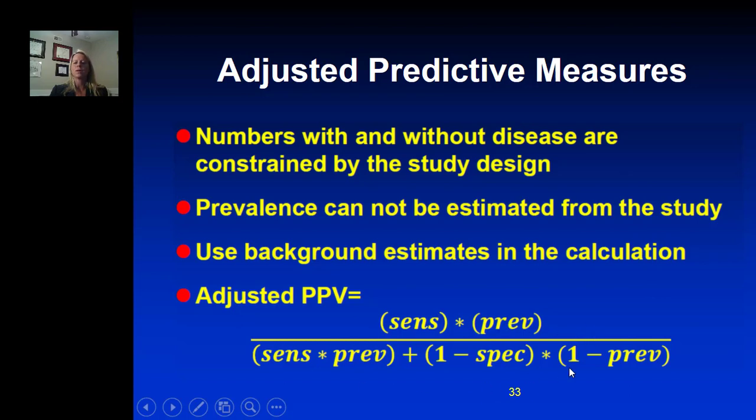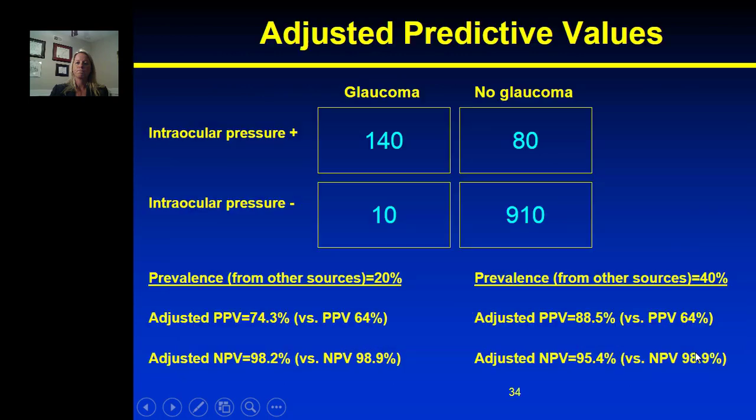I'm not spending a tremendous amount of time on this in the class, but suffice it to say, if you're dealing with a situation where you have small numbers, it is possible to utilize a background prevalence value to calculate your positive and negative predictive values, if you can assume that the prevalence in this small population is held constant to that from the background.